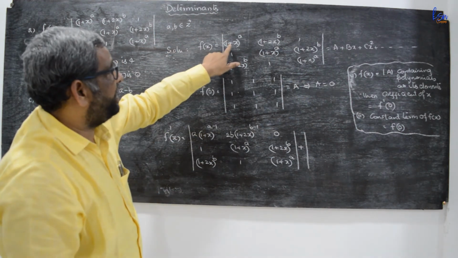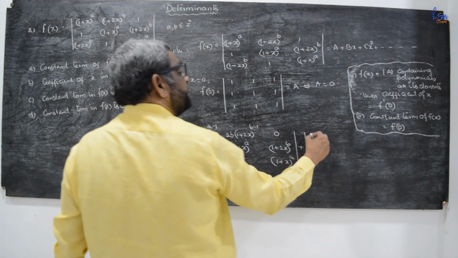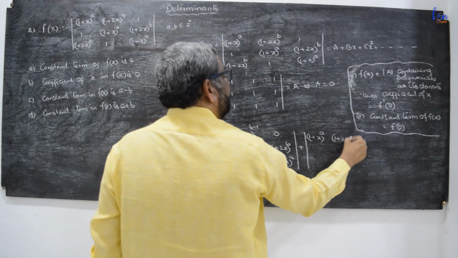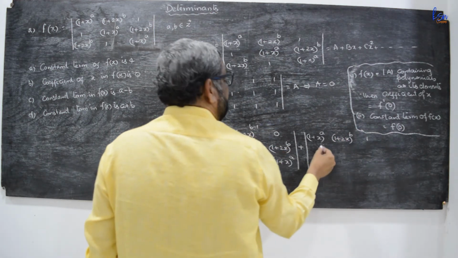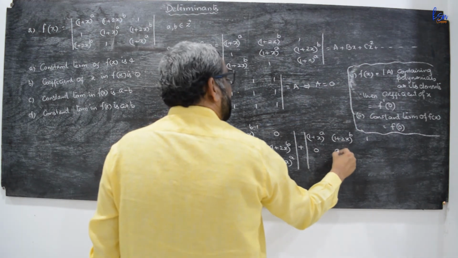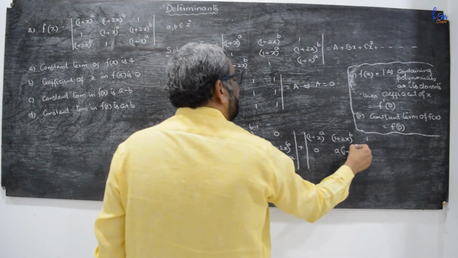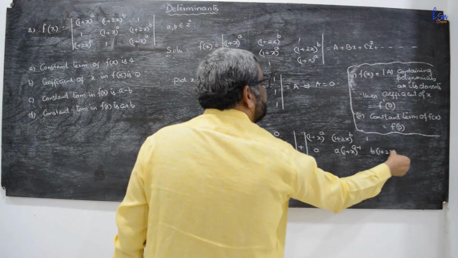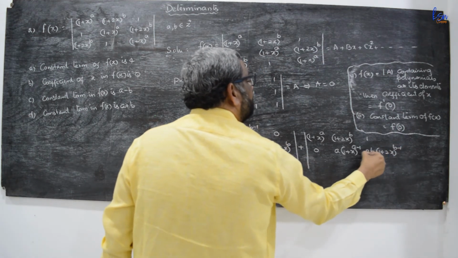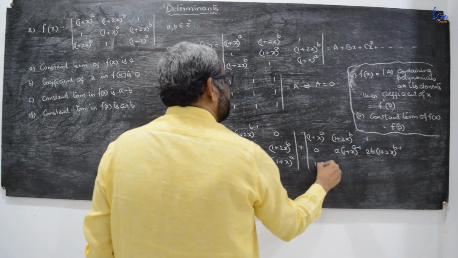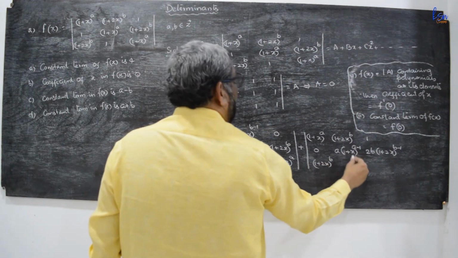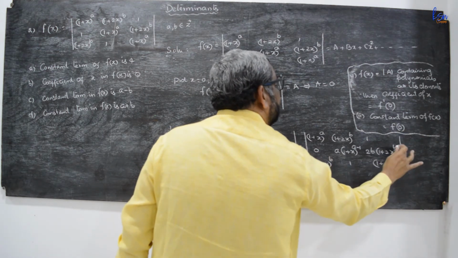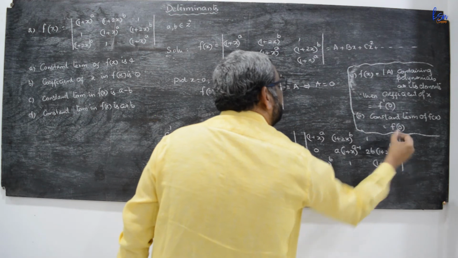Plus, now here you have differentiated the first row. Now you leave the first row and differentiate the second row. First row: (1 plus x) whole power a, (1 plus 2x) whole power b, 1. Second row: this is 0, this is a into (1 plus x) whole power a minus 1, this is b into (1 plus 2x) whole power b minus 1 into 2. Third row: (1 plus 2x) whole power b, (1 plus x) whole power a, and the b minus 1 of course.